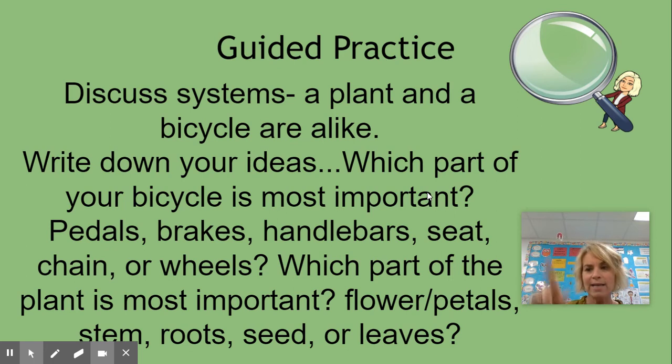The chain helps move those wheels or the wheels. Well, the plant is also a system. So the bike is a system. We can't really operate that bike without all the parts working together. The plant really cannot work without the flower, the petals, the stem, the roots, the leaves, and the seed. It's just not going to work. It's a system, all parts working together.